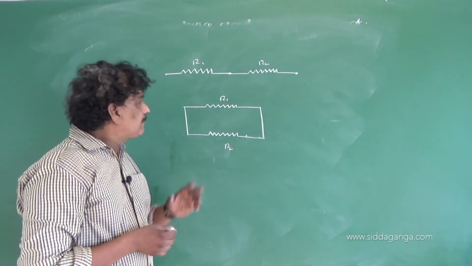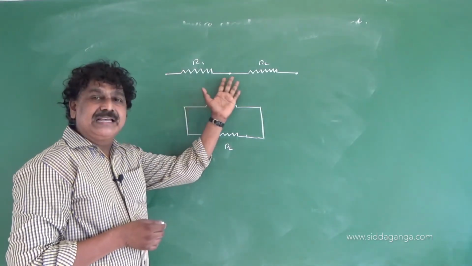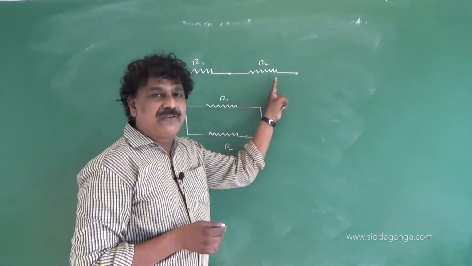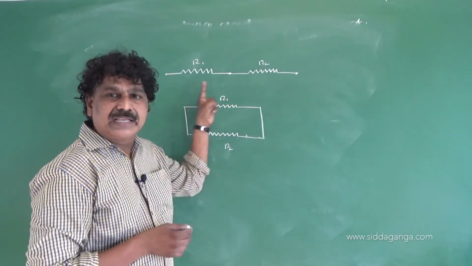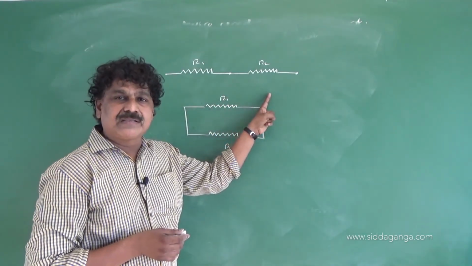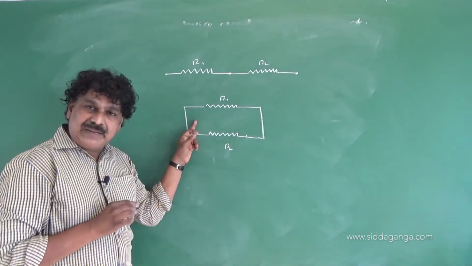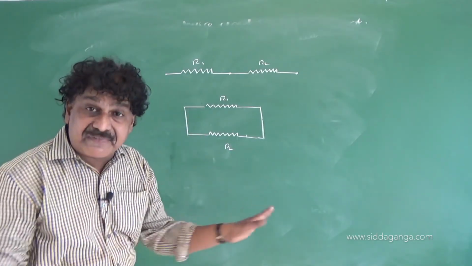The thing is, in series combination, the current remains the same. The current flowing through R1 is same as current flowing through R2. But potential difference across R1 is different from potential difference across R2. We will discuss it later. But in parallel combination, the current through R1 and R2 are different.